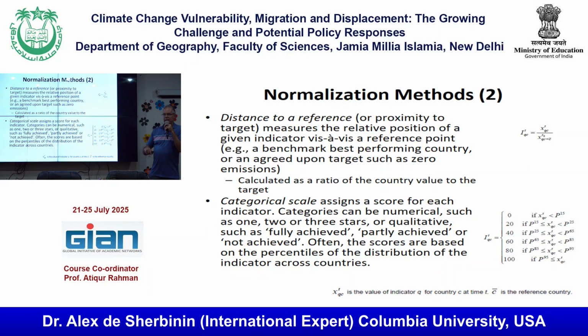If you're between this value and this value, you get a 1; between the next values, you get a 2, and so on up to 5 categories, with 5 being the best. That gives things like fully achieved, partially achieved, etc. the goal.